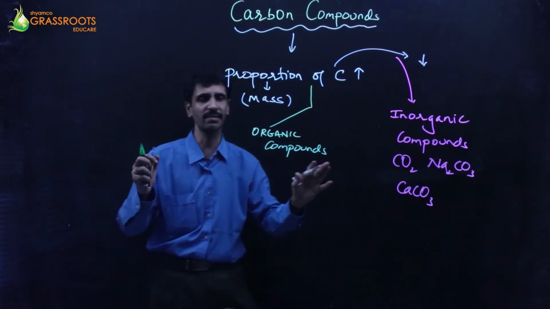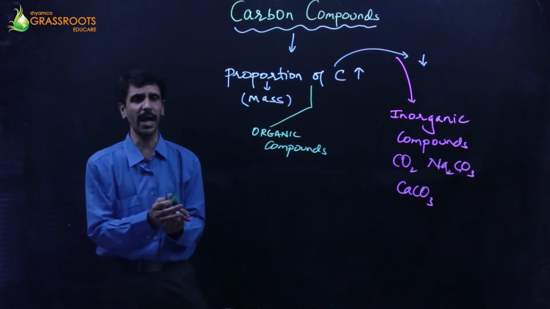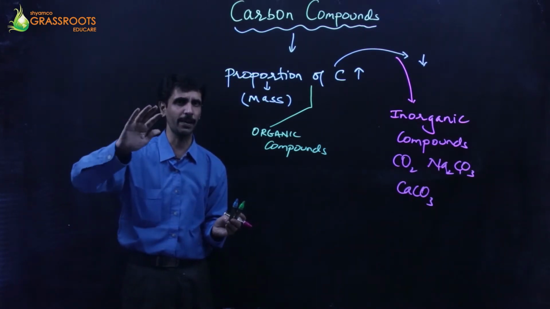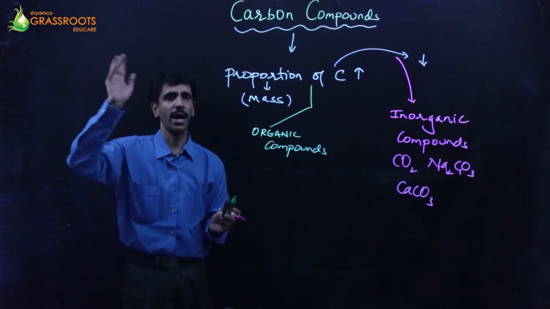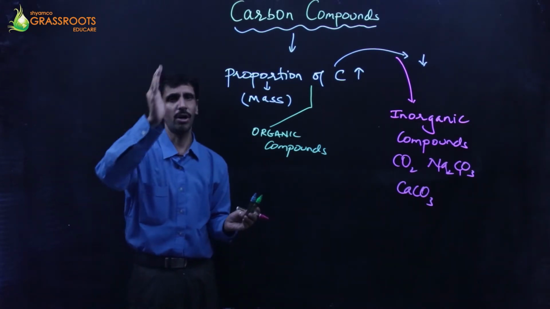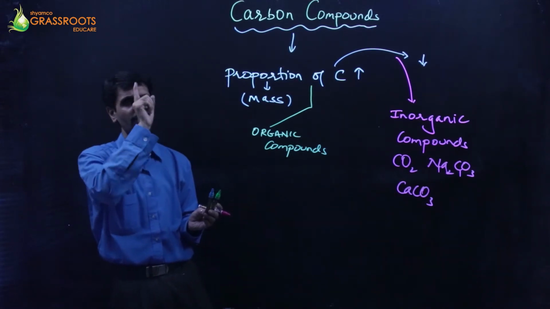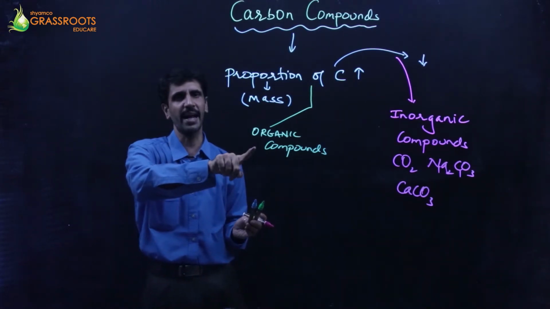Okay, so I guess the concept is clear. Whenever we talk about carbon compounds, depending upon the proportion of carbon, they are bifurcated into two parts, organic and inorganic. If the proportion of carbon is high in terms of mass, I call it organic compounds.